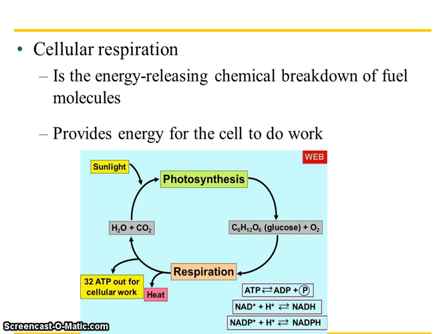Chapter 6 is cellular respiration, and we're just going to get a little bit into this process. In our cells, we've got mitochondria. We break down sugar using oxygen to make ATP. And photosynthesis is the other step there.